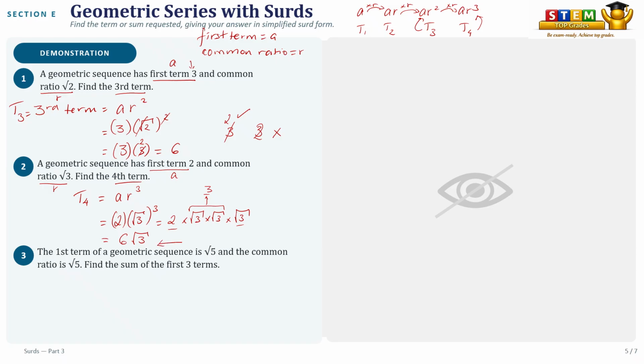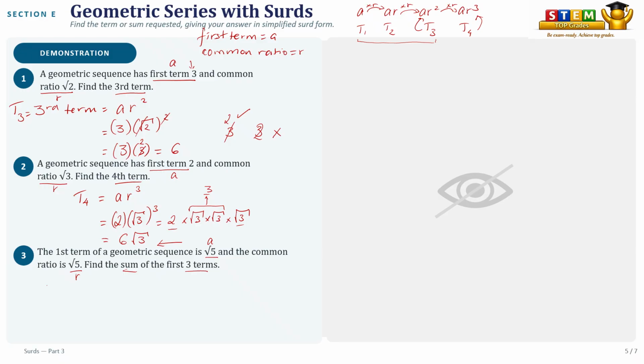Now, question 3. The first term of a geometric sequence is root 5. So that is our A. Then the common ratio is root 5. Now, in this case, we're going to have to work out the sum of the first 3 terms. Now, as you can see over here, we're going to add T1 to T2 to T3 to get the sum.